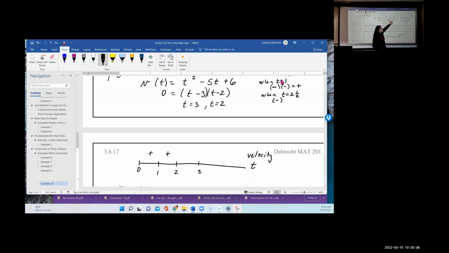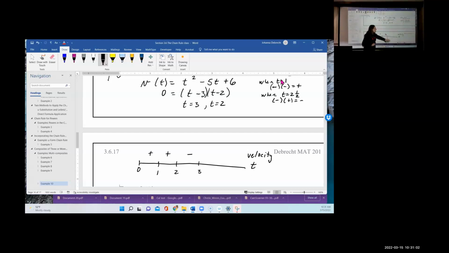But 2.5 minus 2, that would be positive. So I have a negative times a positive, which gives me a negative. So I know in here it would be a negative value, which means that it's headed north here and headed south here. I don't know which side of the origin it's on because that's position, but I know it's headed north here and headed south here.